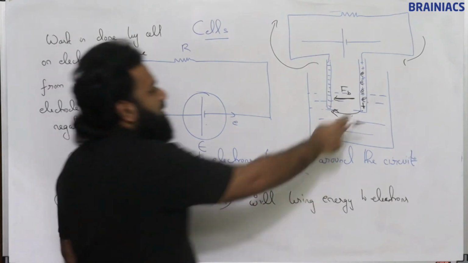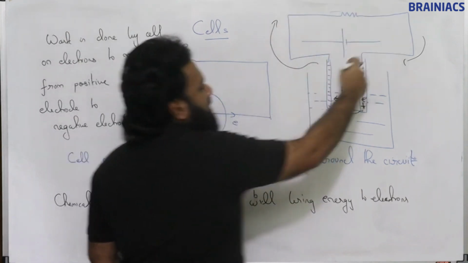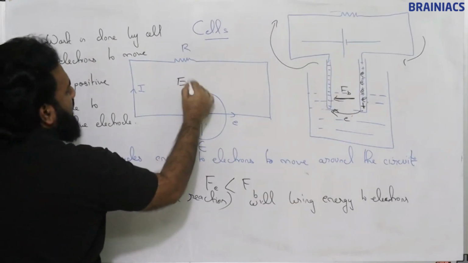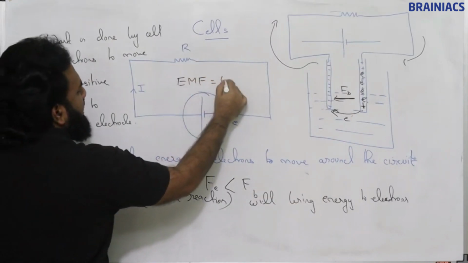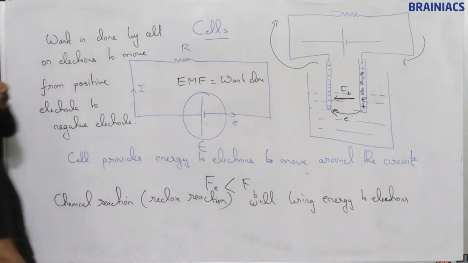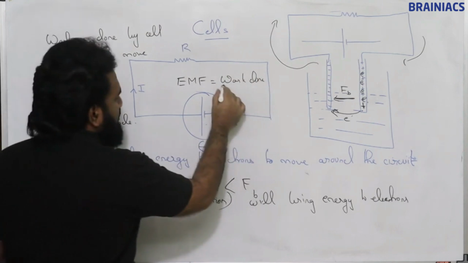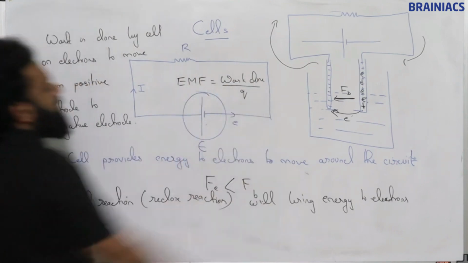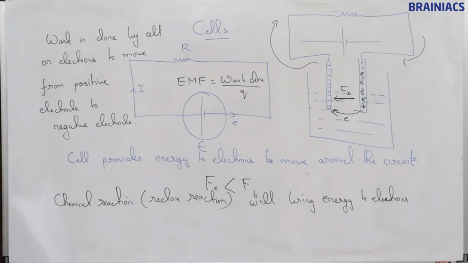Once it reaches here, again it will circulate. So that is what EMF is. EMF is nothing but work done. EMF is the work done per unit charge.